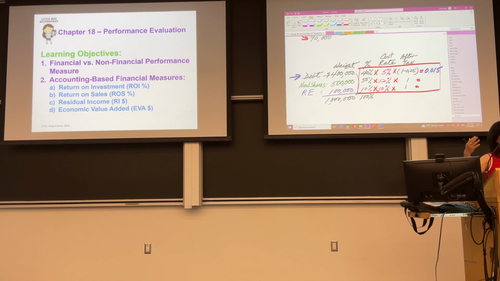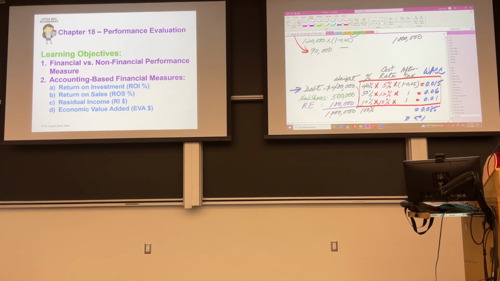We don't pay so much tax because we subtract interest. Next one is 0.06 and 0.01. Altogether is 0.085. So WACC, weighted average cost of capital, is 8.5%.